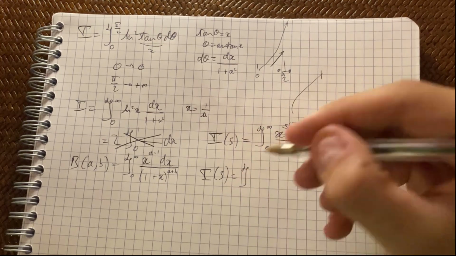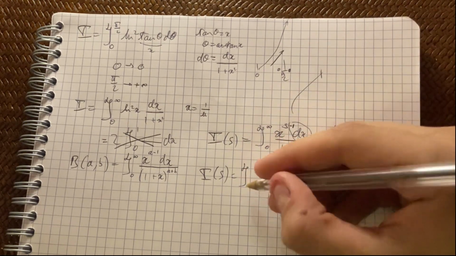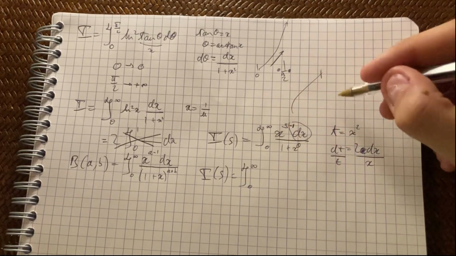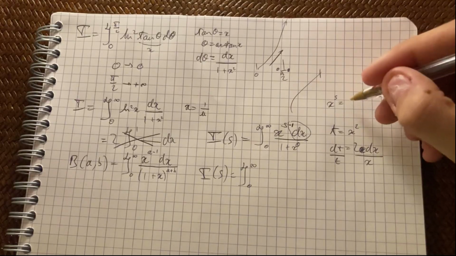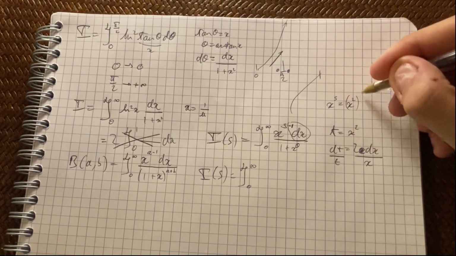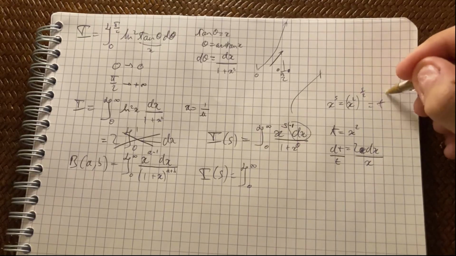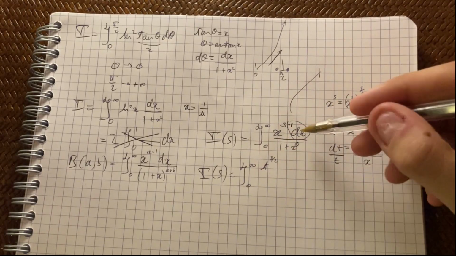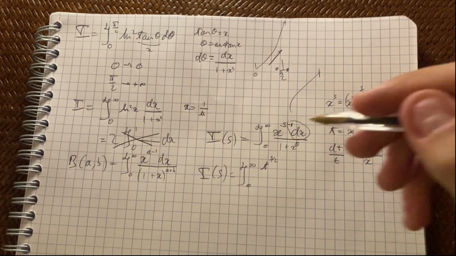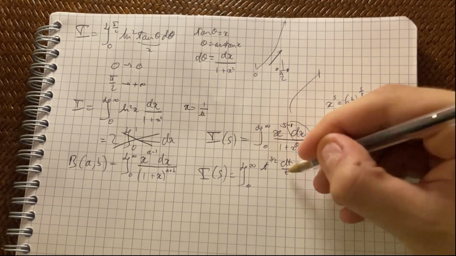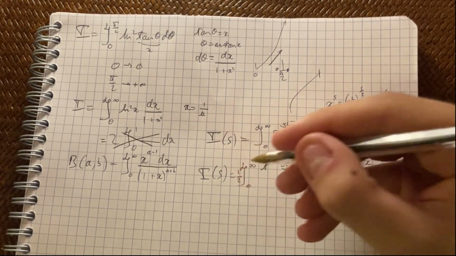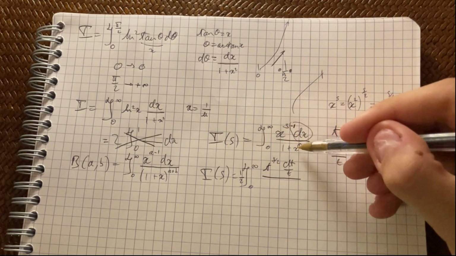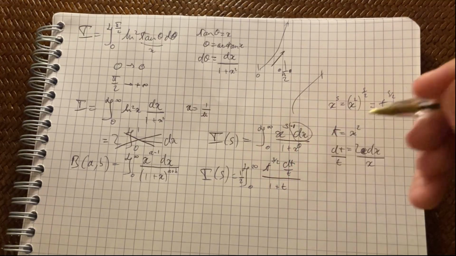We have the integral, obviously the boundaries remain the same, so from 0 to infinity. x to the s is nothing but x squared to the s by 2, which is t to the s by 2. So we have t to the s by 2 power. We have here dx by x, which is 1/2 of dt by t. So dt by t, and we don't forget the 1/2 as a factor of the integral. And we have 1 by 1 plus x squared, which is 1 plus t.